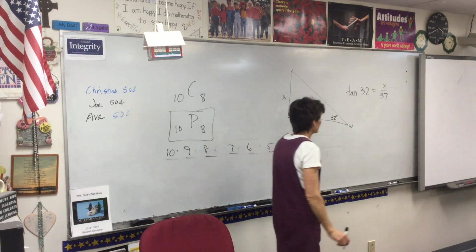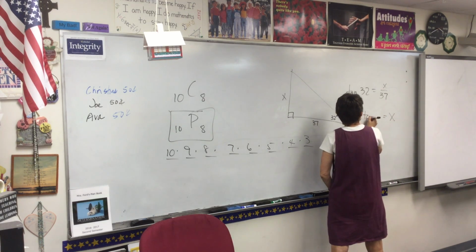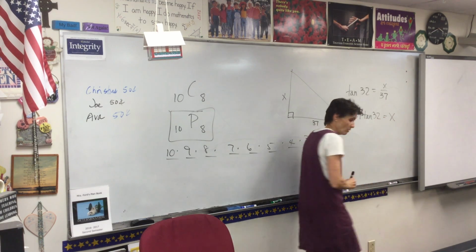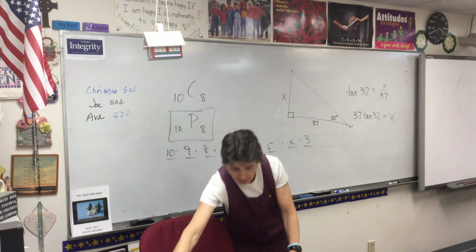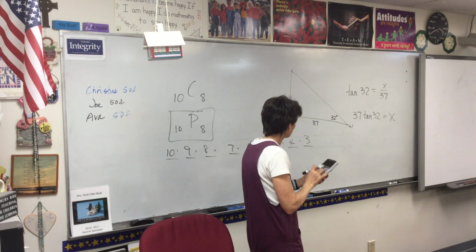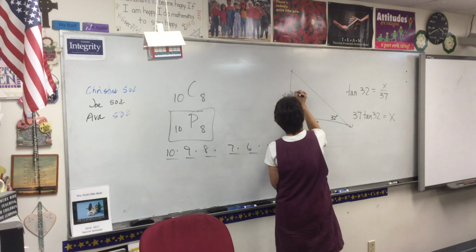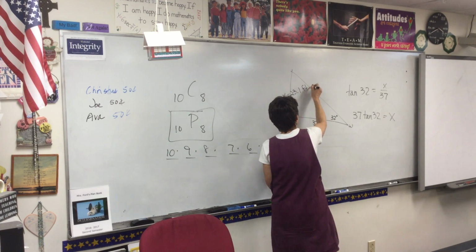To solve that, what are we going to do? Multiply by 37, is that what you said, I hope? So we just type that in on our calculator, and that will be the answer. 37 tangent 32. So I got 23.1 feet.